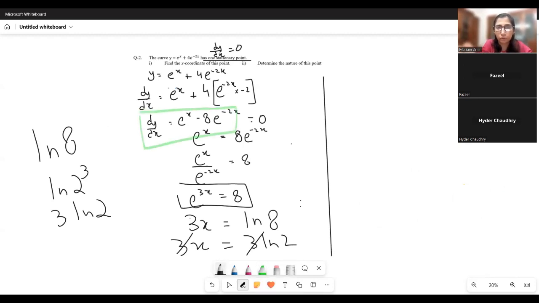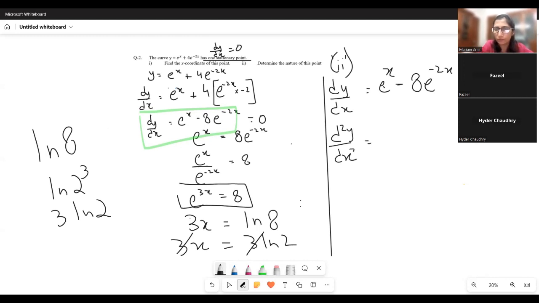So for part 2, dy over dx is e power x minus 8 e power minus 2x. So the second derivative is going to be e power x, the derivative is still e power x.